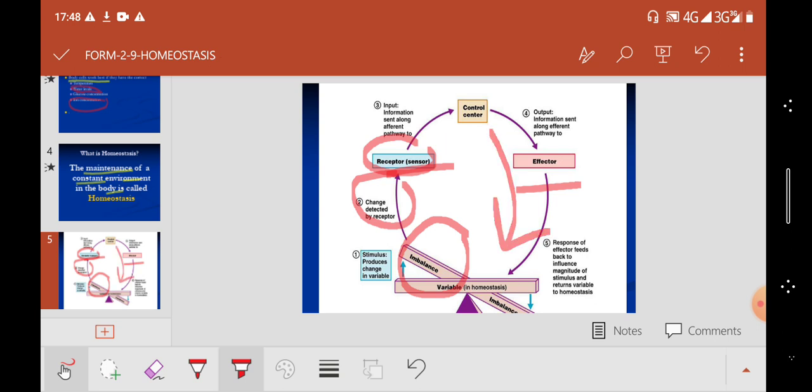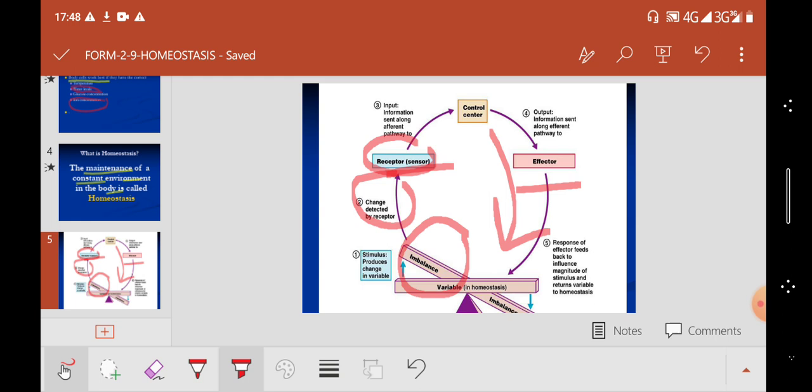For example, if temperature increases above normal, you will be able to detect the change. That change will be sent to various centers like the brain, like the skin, so that those organs can correct or bring about a change in the increase. If you are thirsty, that is when you have to deal with water.